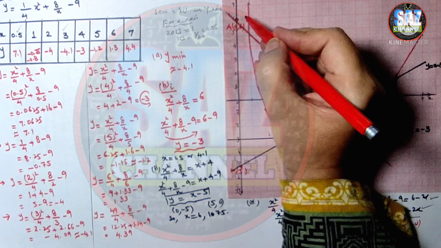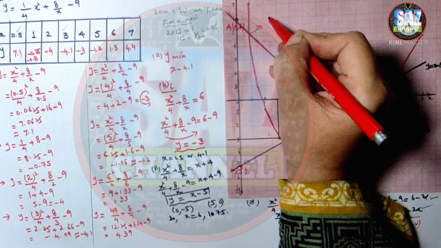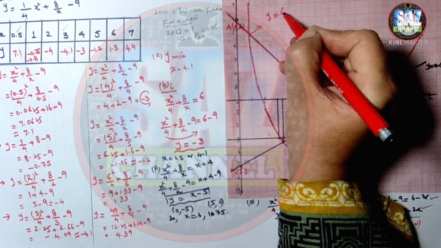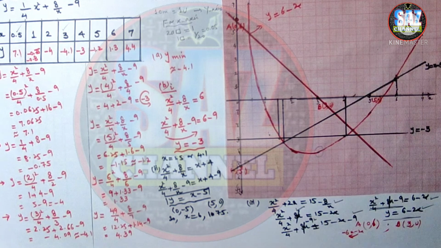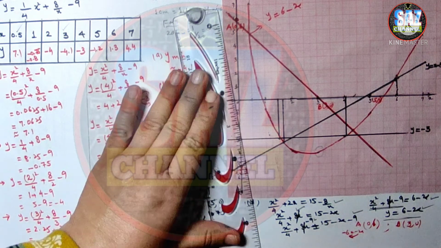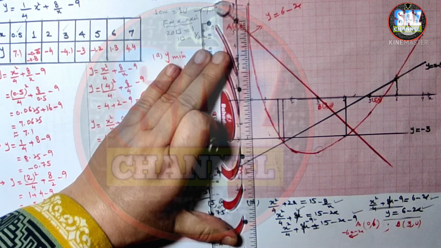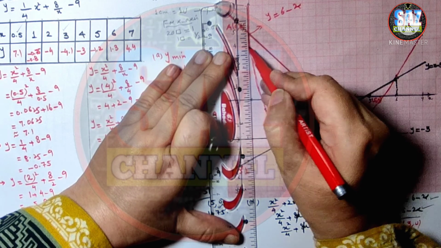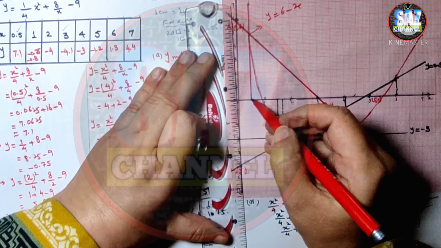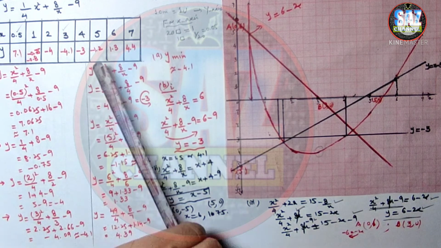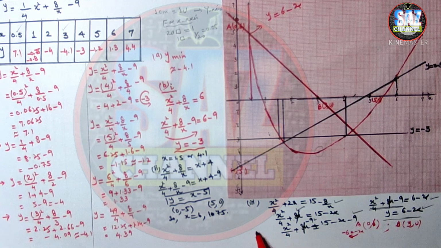And this is y equals 6 minus 2x, and now we have to decide at what point the line is cutting or meeting our already drawn curve. One position is this, the position for 0.5, so x equals 0.5, because that is coming right in between 0 and 1.